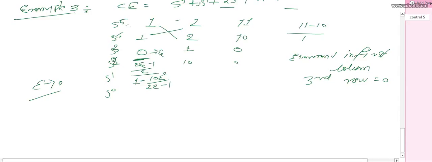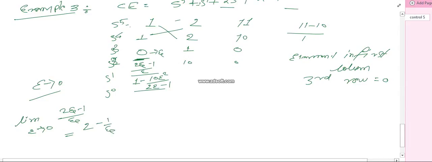Now how to get that if there is a sign change? For that we do limit (2 epsilon minus 1) upon epsilon, for epsilon tending to 0. If you solve this one, you get 2 minus 1 upon epsilon, which is 2 minus infinity, equal to minus infinity, so negative.